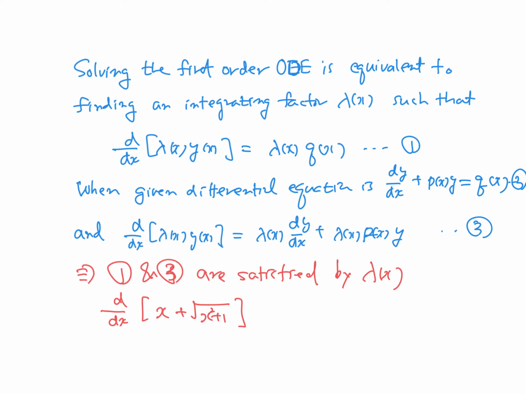Consider the following derivative. And I think you should be able to do this easily. d/dx of is 1, right? Plus this part is twice of x over twice the square root of x squared plus 1, plus x.